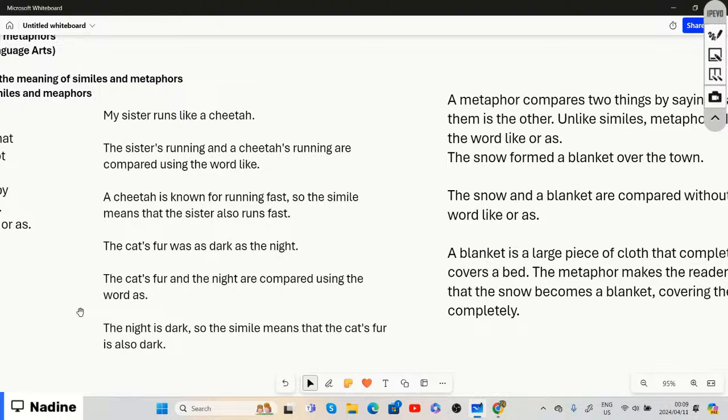So it means that if the cat's fur is as dark as the night sky, then it is very, very dark at night.